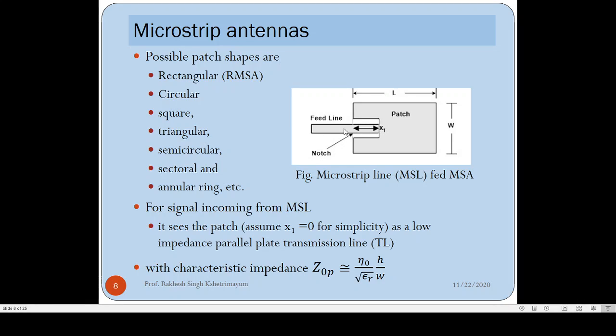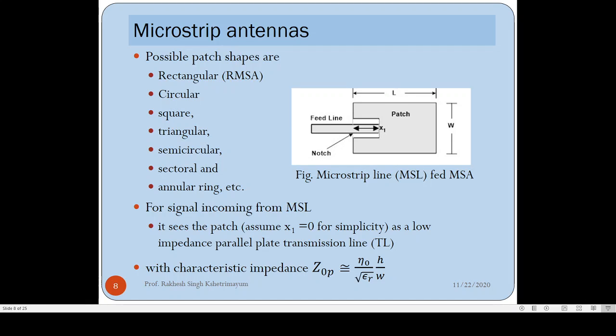Let's say this feed line has a characteristic impedance of 50 ohm, then looking at this point, this patch should also have an input impedance of 50 ohm. Only then will there not be any reflection. So all the signals which come from the source through the microstrip line will go to the patch antenna. Then the patch antenna will radiate the signals.